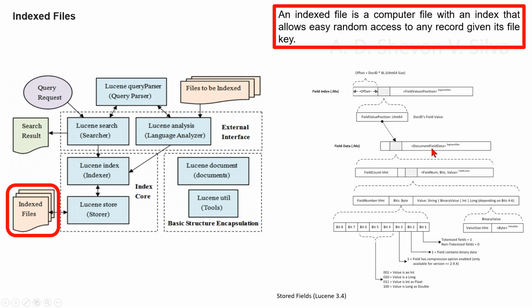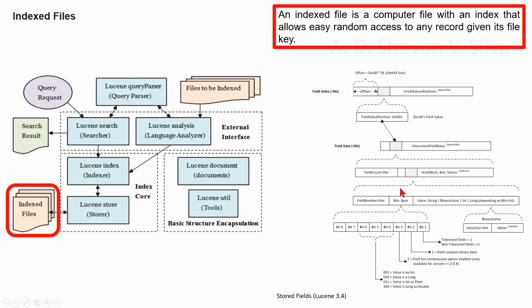Here you can see the document field data, and before that the field count vint and another field. Then you can see the field number vint.